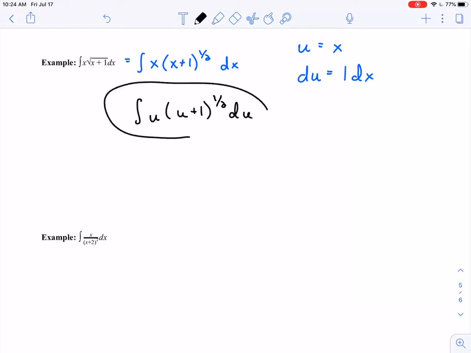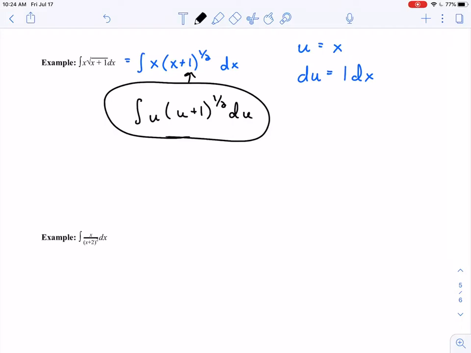If you look at what I just wrote and compare it to what we started with, I haven't really accomplished all that much. In fact, I haven't accomplished anything. All I've done is take out x and replace it with u. I have still the exact same integral. Remember, the whole point of integration by substitution is to take a difficult looking integral and make it easier to work with.